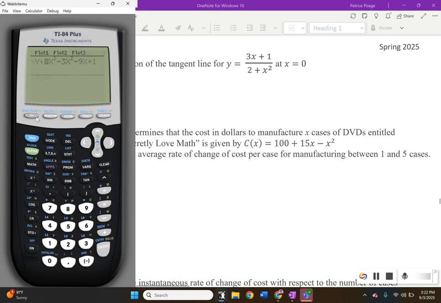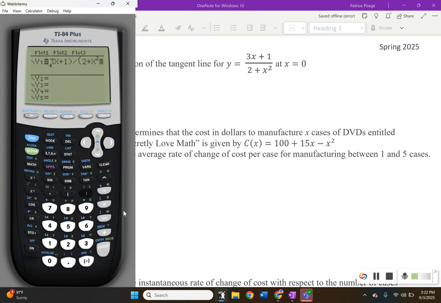So I'm going to go to my calculator and clear out what's in there. Now, if you've got an old school calculator, you need to do parentheses, 3x plus 1, close your parentheses, divided by parentheses, 2 plus x squared, and close your parentheses.